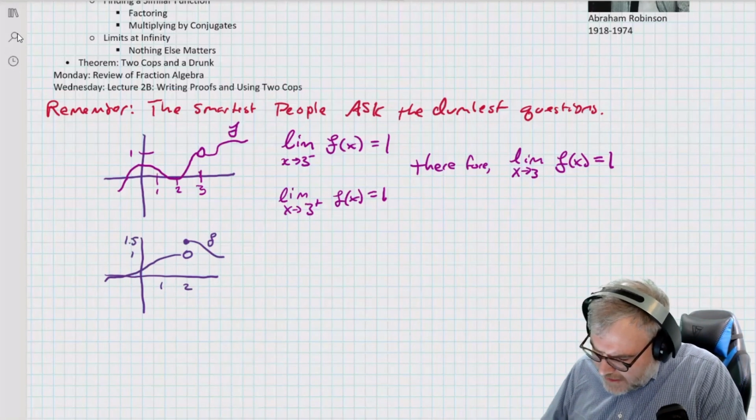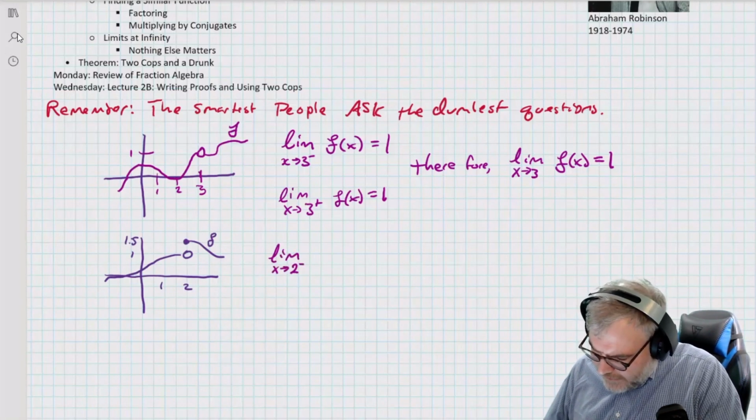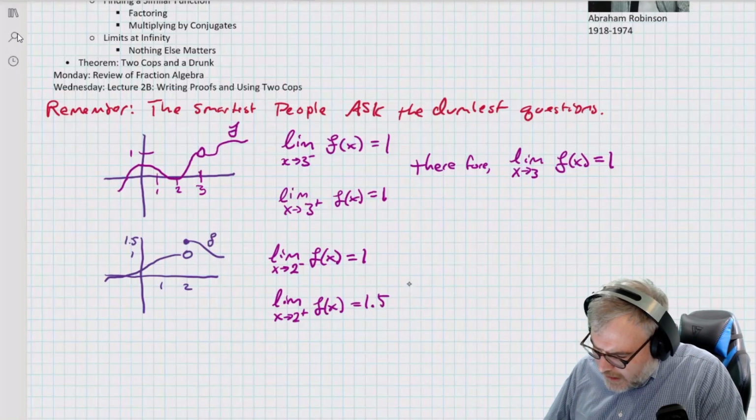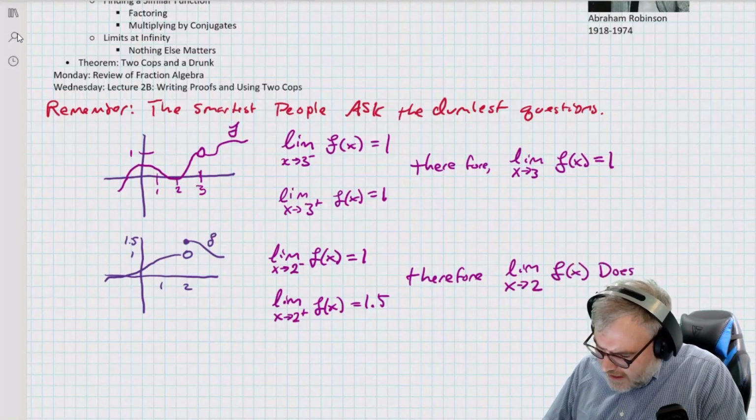The limit as X goes to 2 from the left of F of X equals 1, while the limit as X goes to 2 from the right of F of X equals 1.5. Therefore, the limit as X approaches 2 of F of X does not exist.